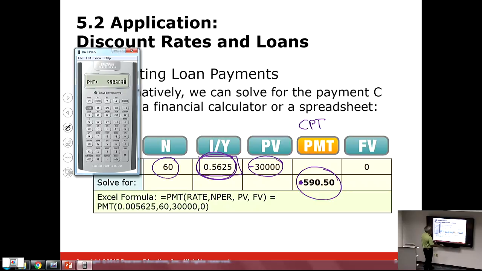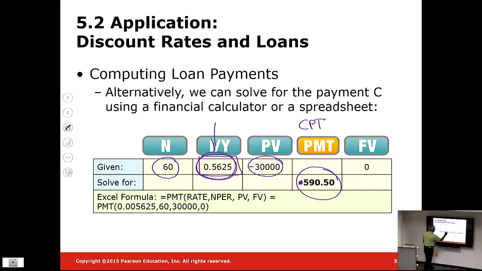If you don't like that payment, then the best way for you to reduce the payment would be to shop for the interest rate. You look at different other banks or credit unions to find out if somebody is offering you a lower interest rate. Let's say you find a place with an interest rate of 5%. So it'll be 5 divided by 12.